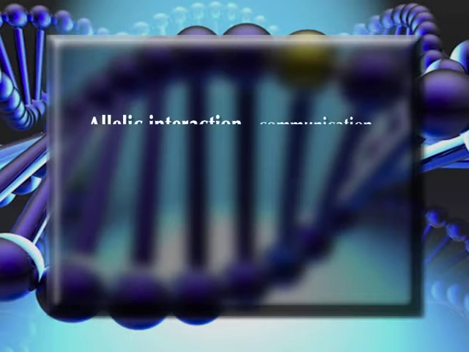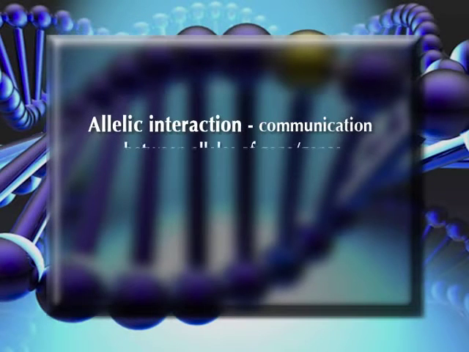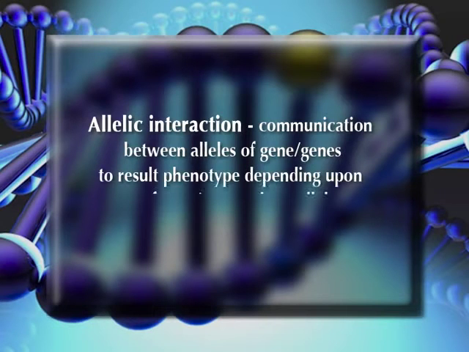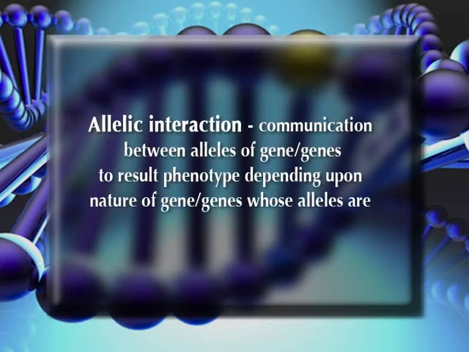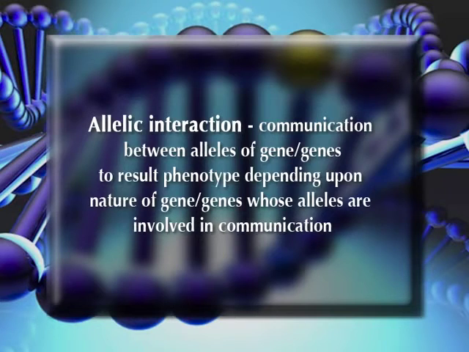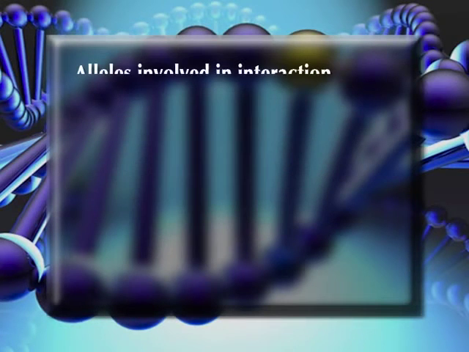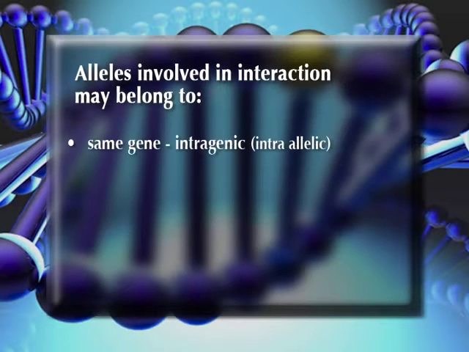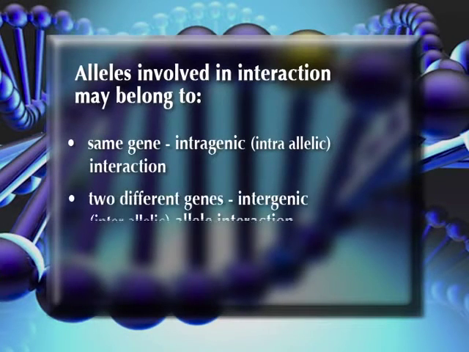Gene or allelic interaction is simply the communication between the alleles of the gene or genes in such a way as to result in a distinct phenotype, depending upon the nature of the gene or genes whose alleles are involved in the communication. The alleles involved in the interaction may either belong to the same gene, called intragenic interaction, or to two different genes, called intergenic allele interaction.